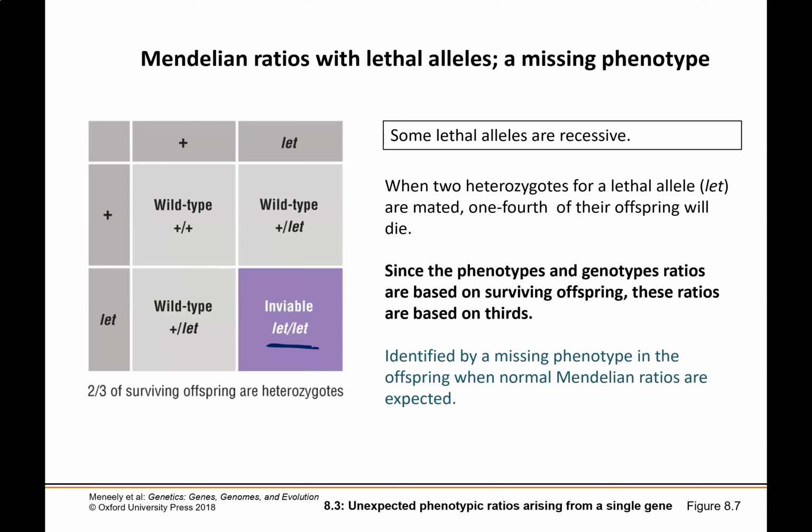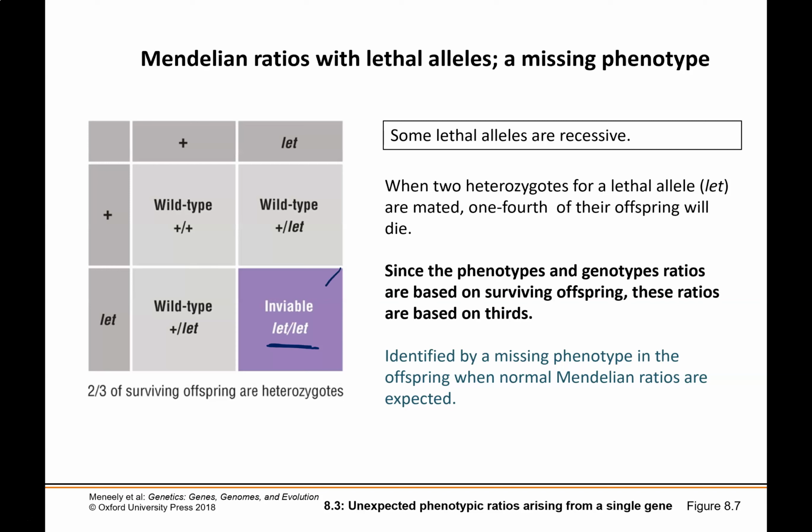One, those offspring never develop, so you end up with basically only the homozygous dominant or the heterozygous individuals. Or they might develop and not survive through to birth. So you could have either thing happening.